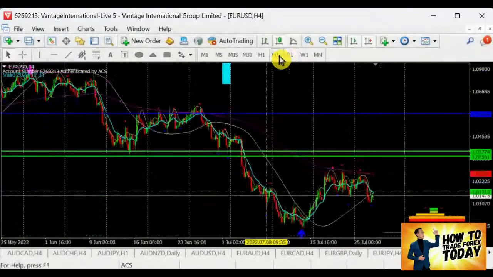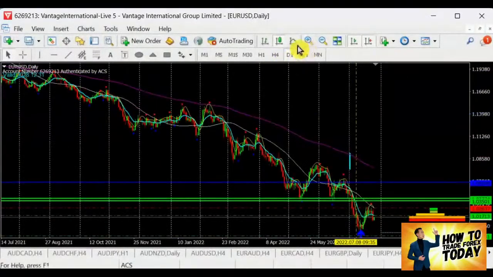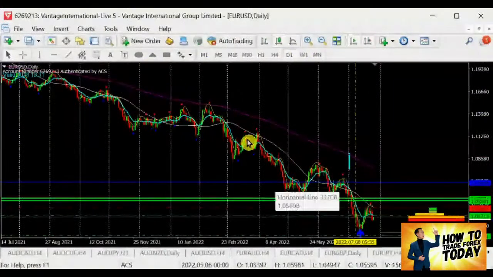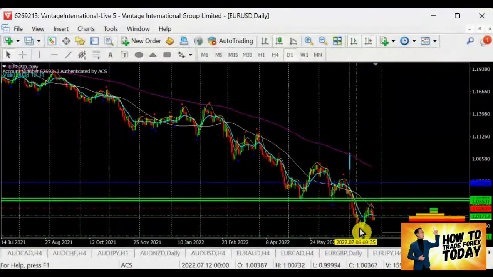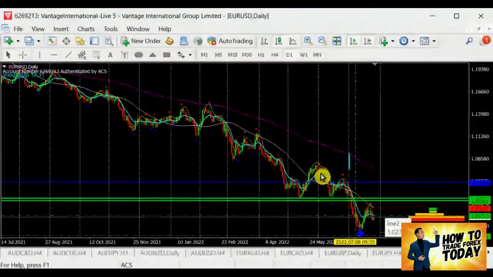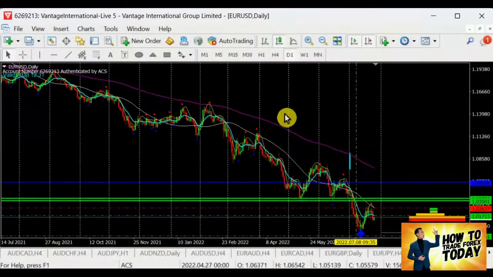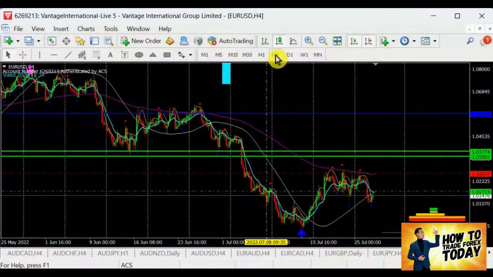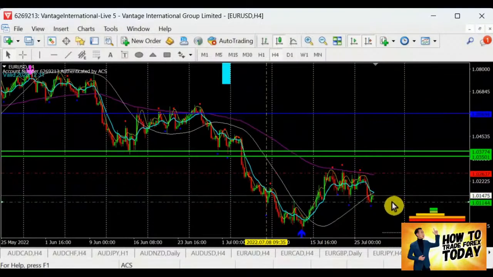Euro dollar. Let's take a look at euro dollar. Euro dollar general trend. If you're looking at this, we are in the selling, and actually pushes up to try to go into the bull. However, it drops down into bear once again. So we have a support here.